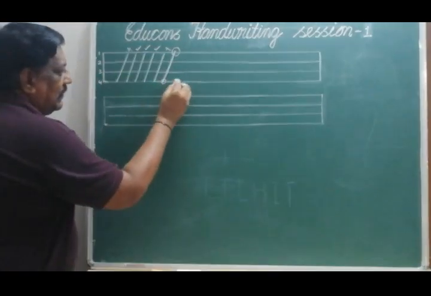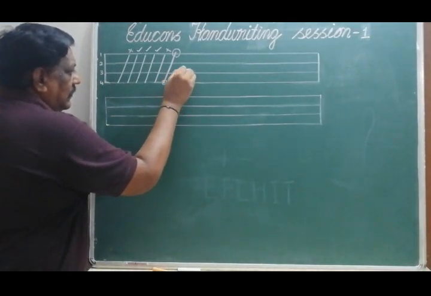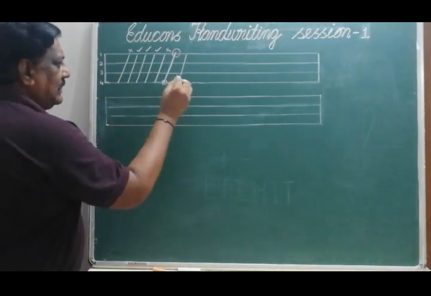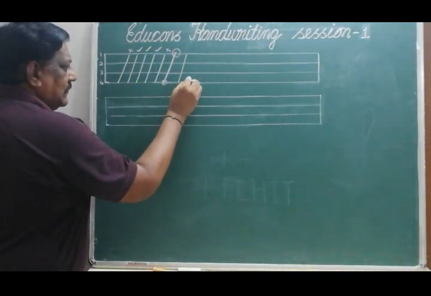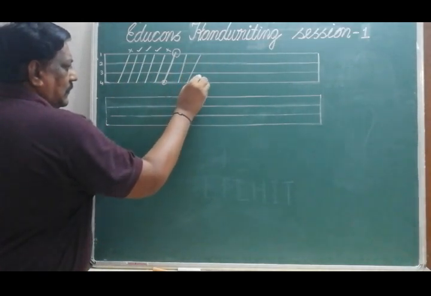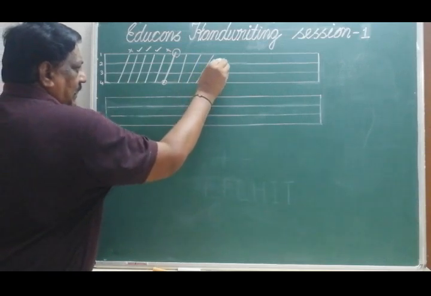Say for example, start here. This slow. Writing should be slow like this. I am drawing various landings.